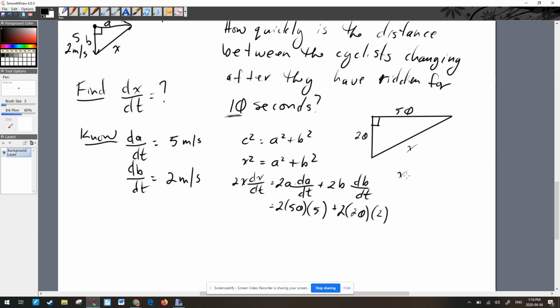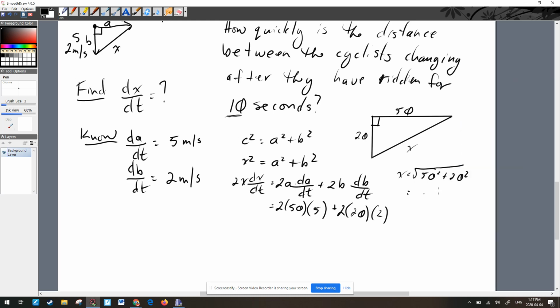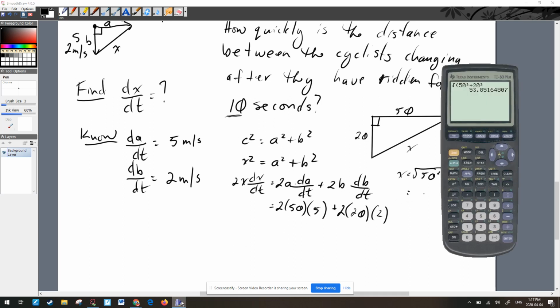So x is equal to the root of 50 squared plus 20 squared, which is 53.85.